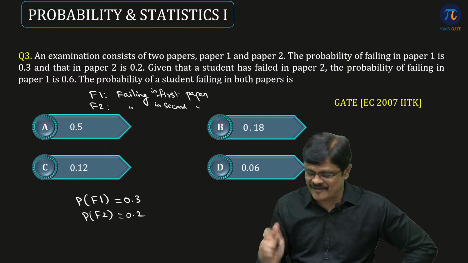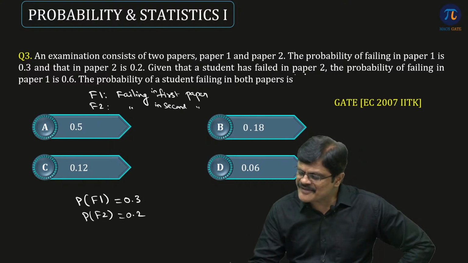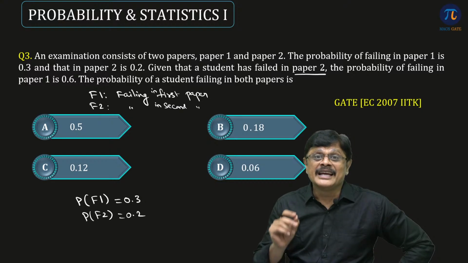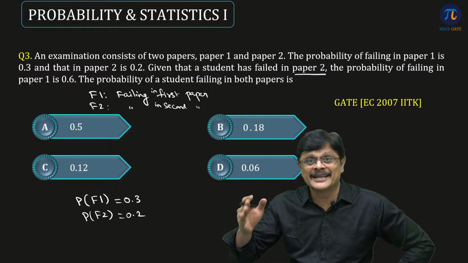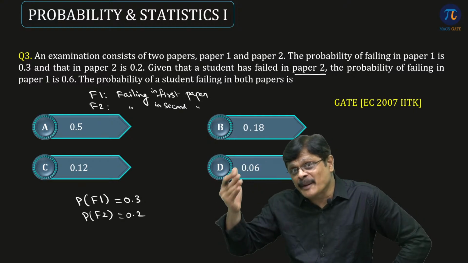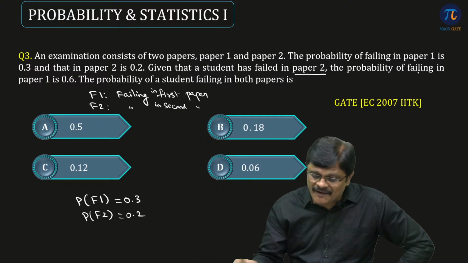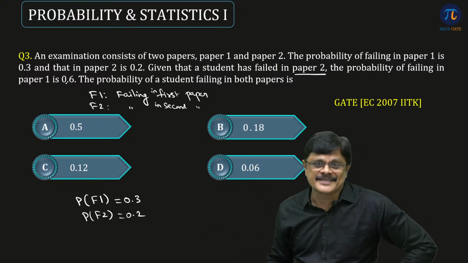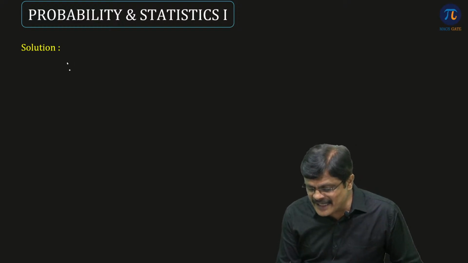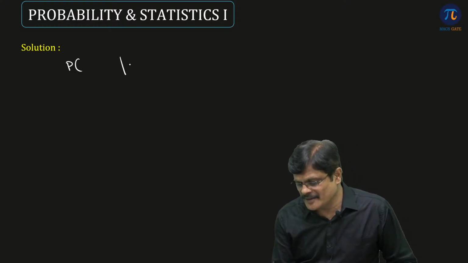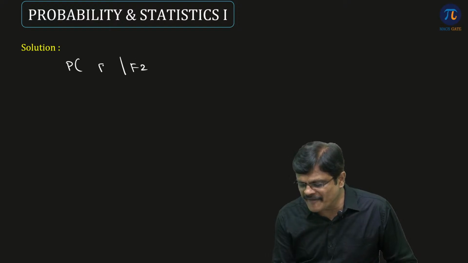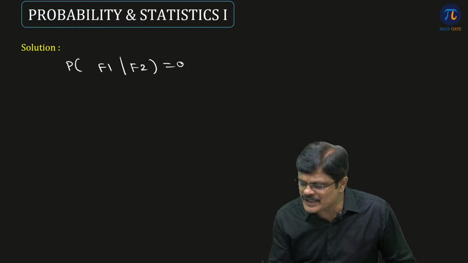Given that a student has failed in paper 2, that is, it has happened, the probability of failing in paper 1 is 0.6.